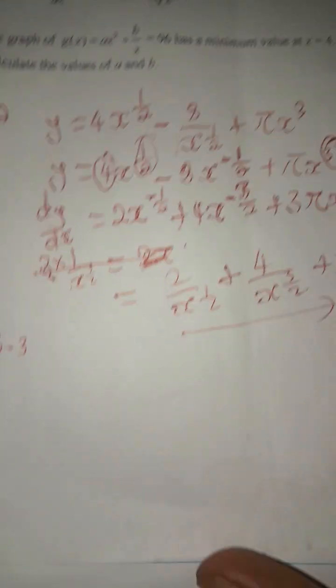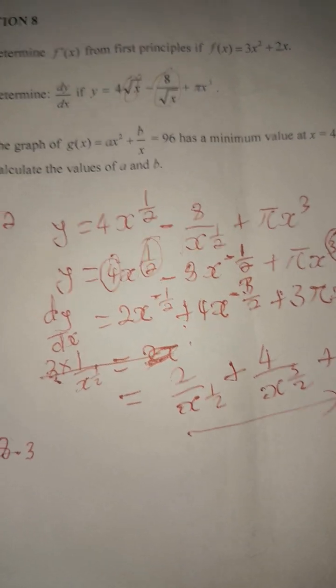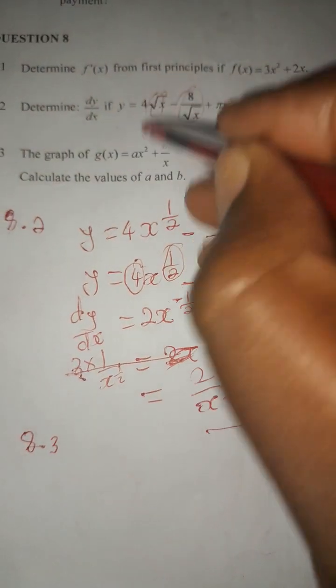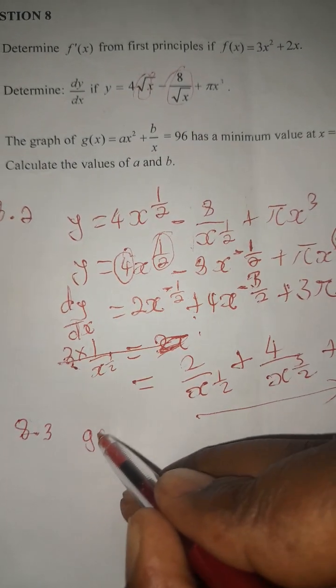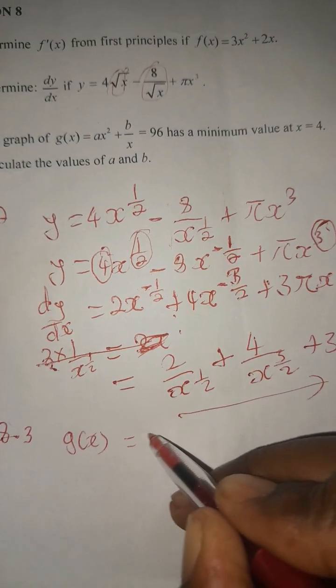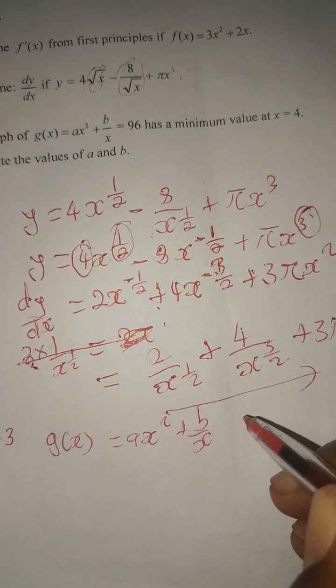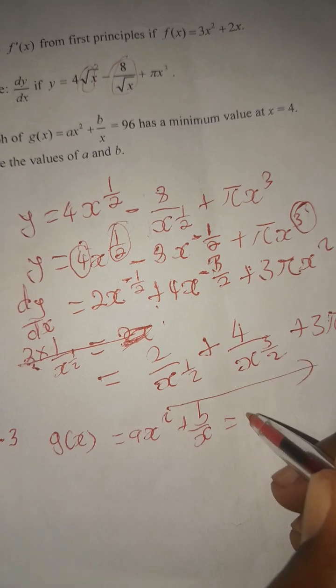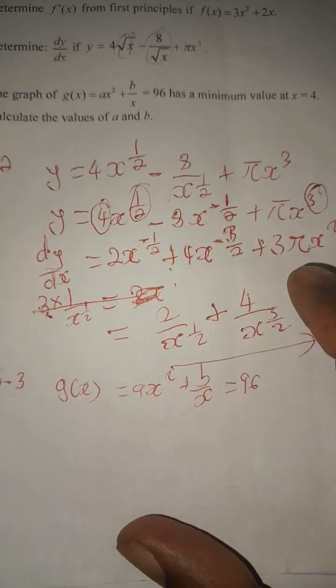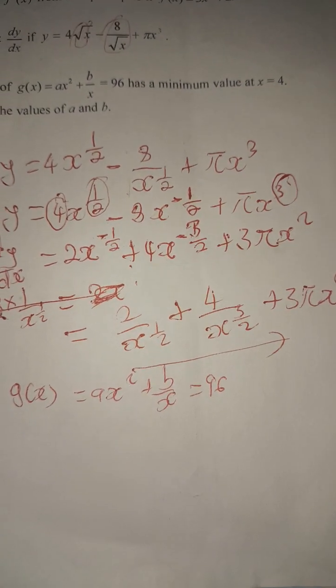So the best way is to formulate equation 1. Let's use this formula. We have g of x is equal to ax squared plus b all over x, which is equal to 96. Okay, so they said it has a minimum of this.